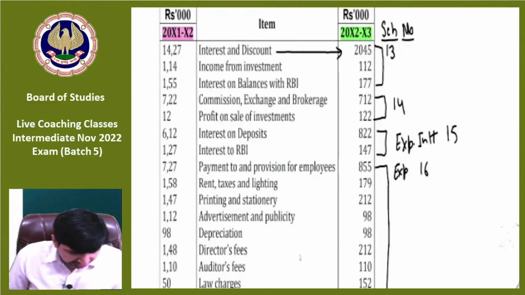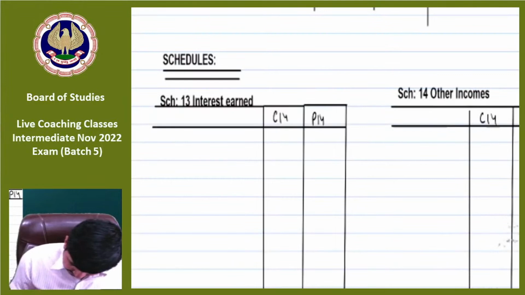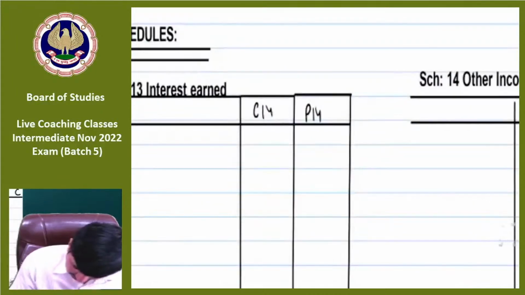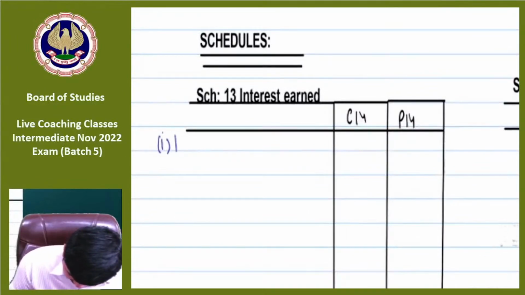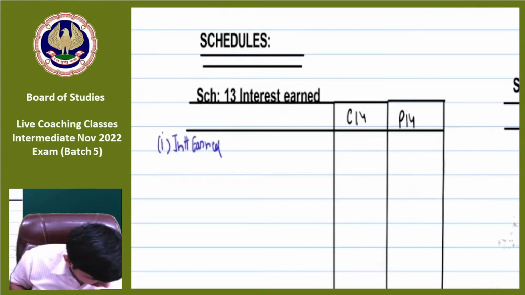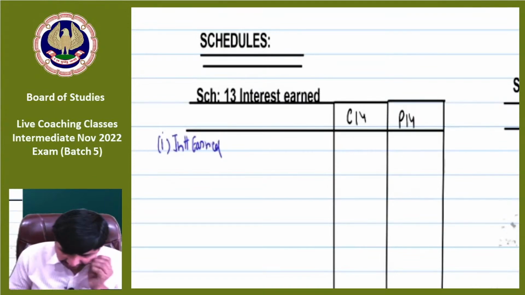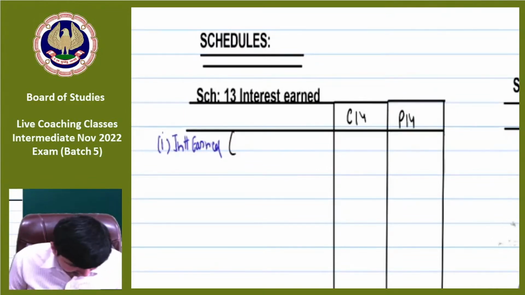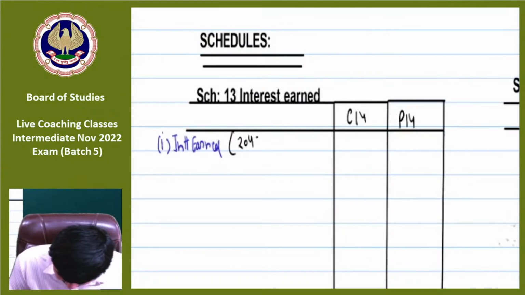First start with schedule 13. Let's do it. Interest earned, number 1. I am zooming here. Interest earned. Beta, an adjustment is there, I think. No, not in this question. Interest earned. See, this was 2045 plus.